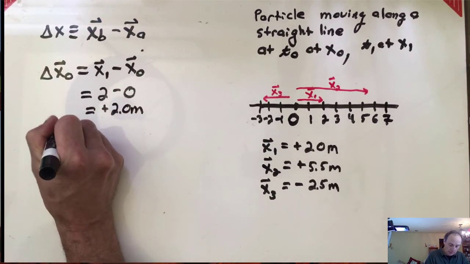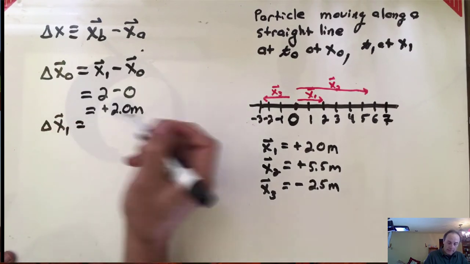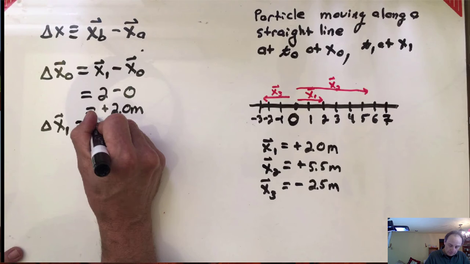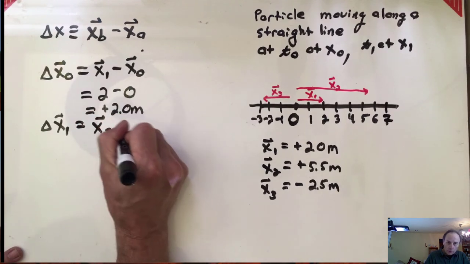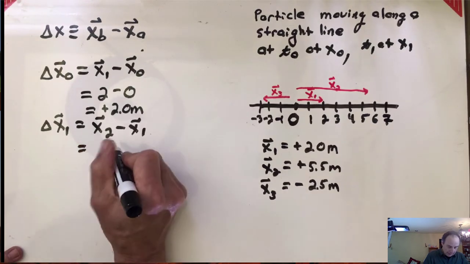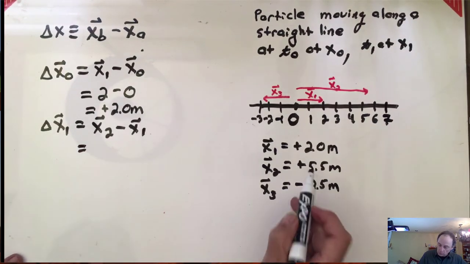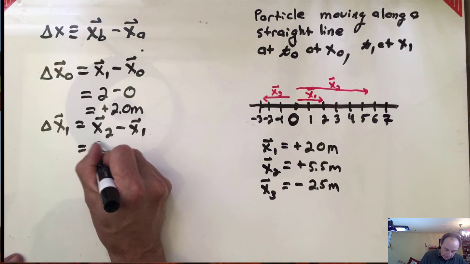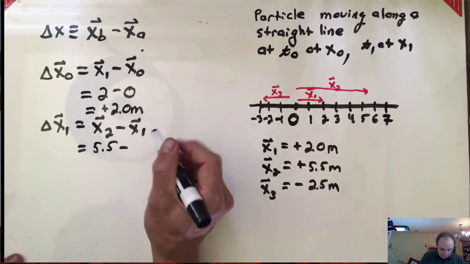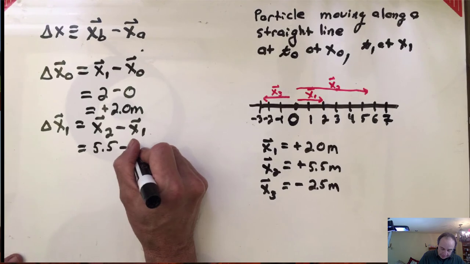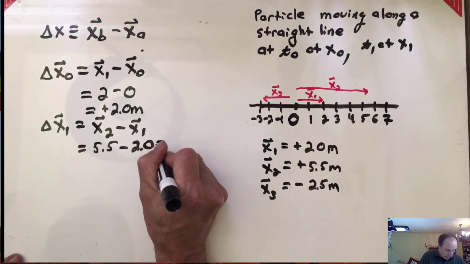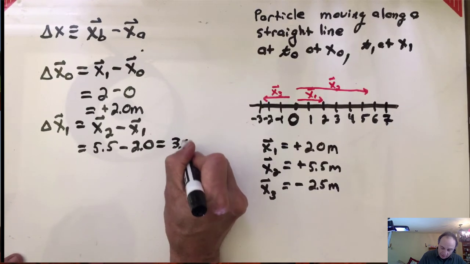Delta x1 is the next one out. That's going to be x2 minus x1. x2 was 5.5 minus 2.0. So that equals 3.5 meters.